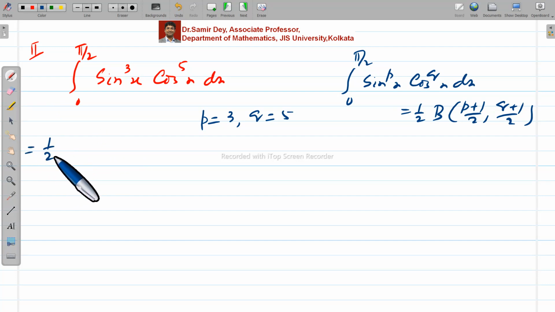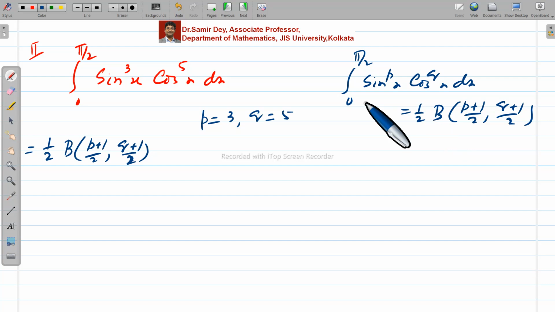So 1 by 2 beta p plus 1 by 2, q plus 1 by 2. Here I am writing p plus 1 by 2, q plus 1 by 2. Why? Because during exam time you need to write down the formula so that anyone can understand what is p and what is q.